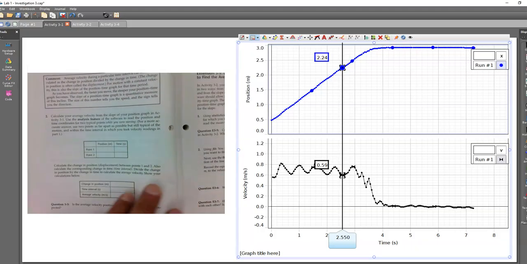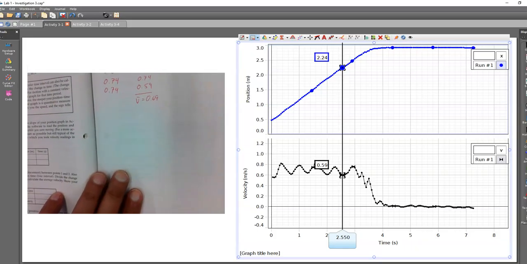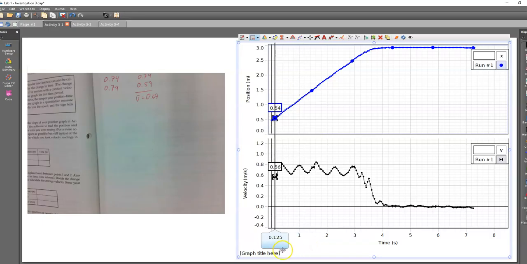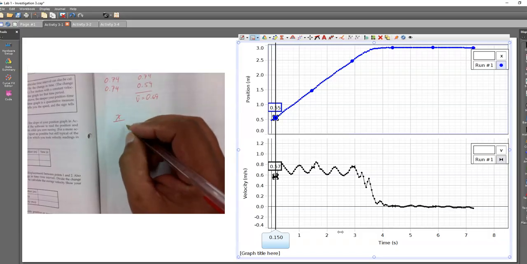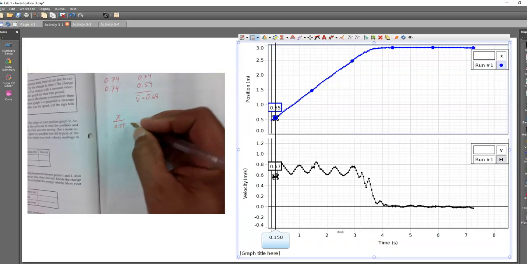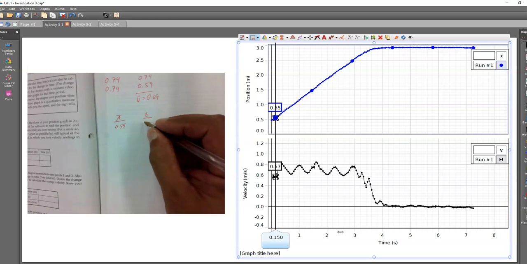What I'm going to do is choose 2 data points. The first data point will be all the way over here. Again, this is going to be random. We're looking at a position. The x position is 0.55 meters, and the time is 0.150 seconds.